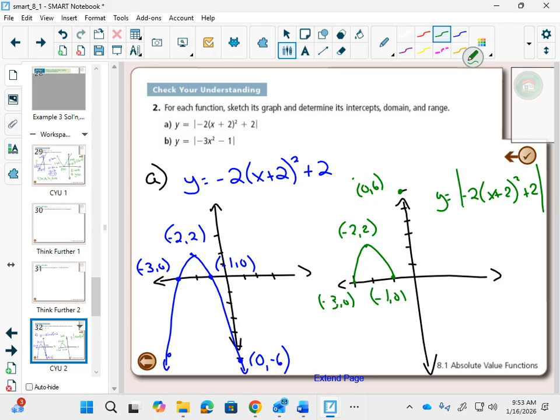But all the places where the y values are negative, they are going to get reflected up over the x-axis. And this is the graph of our new equation. What is the domain and range here? The domain is still everything, but the range is bigger than or equal to 0.